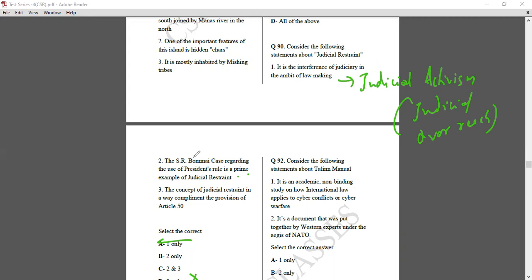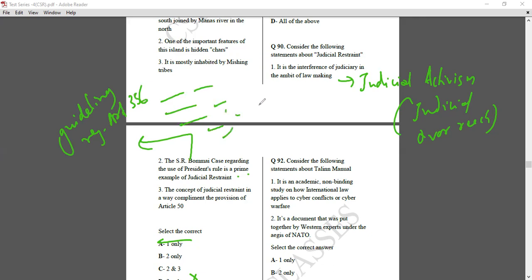Now, the SR Bommai case, we all know, is related to President's Rule, Article 356. The SR Bommai case gave guidelines regarding the use of Article 356. Before using Article 356, you have to see these guidelines. Yes, it is an example of judicial restraint.